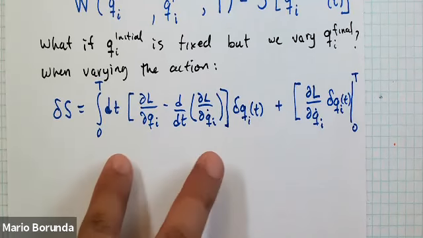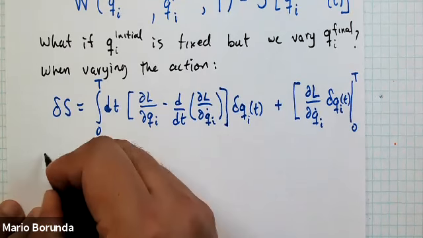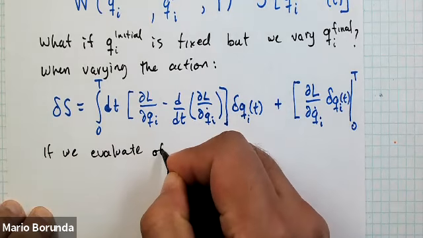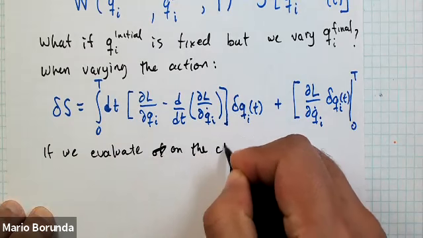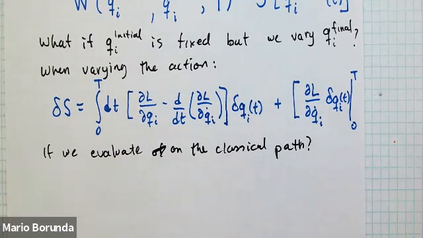So what happens if I evaluate this on the classical path? Look, what happens when I evaluate this on the classical path? This first part, the thing in the square bracket, it should just go to 0, right? Yep.